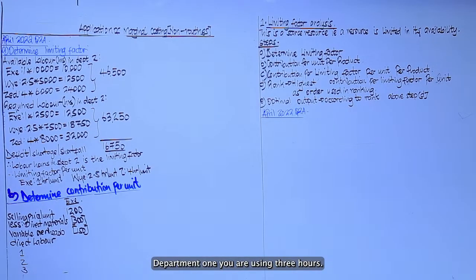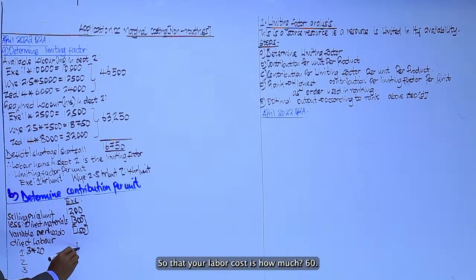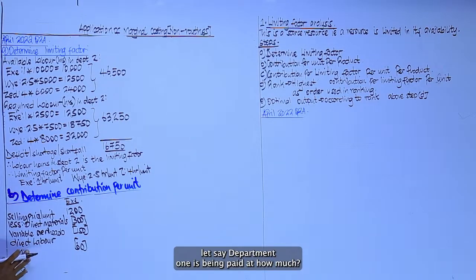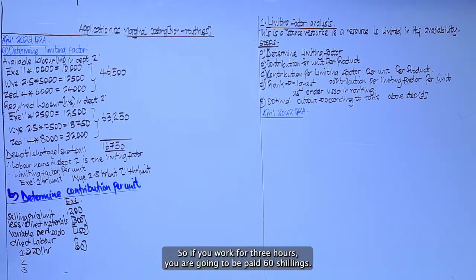Department 1, you are using 3 hours at a rate of 20. So that your labor cost is 60. Department 1 is being paid at 20 shillings per hour. So if you work for 3 hours, you're going to be paid 60 shillings.